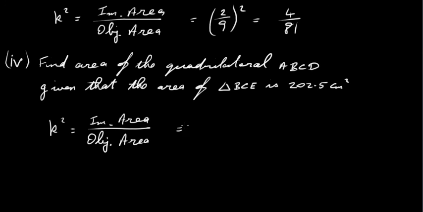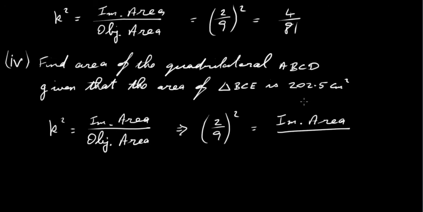So k squared is 2 over 9 squared. That's going to be equal to the image area, which I'm looking for in this case, divided by the object area, which I know is 202.5.